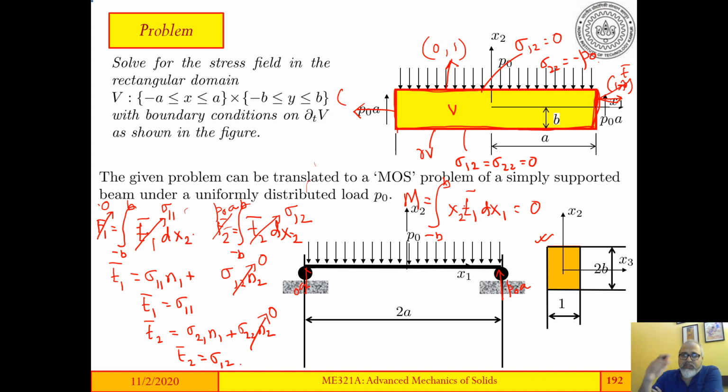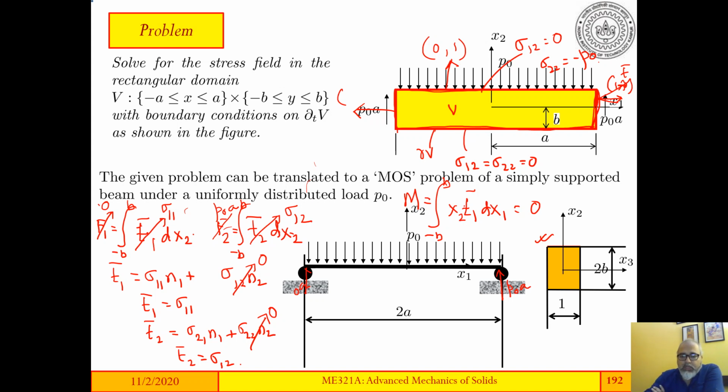We have to use them as weak boundary conditions because the distribution of tractions at the boundaries is not exactly known, whereas on the horizontal edges we use exact boundary conditions.